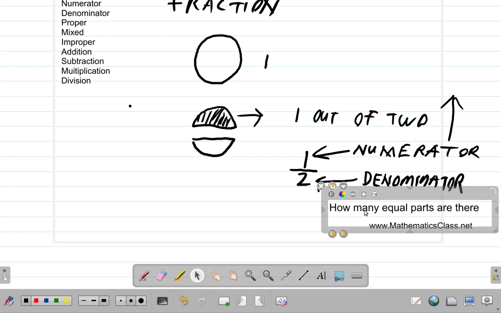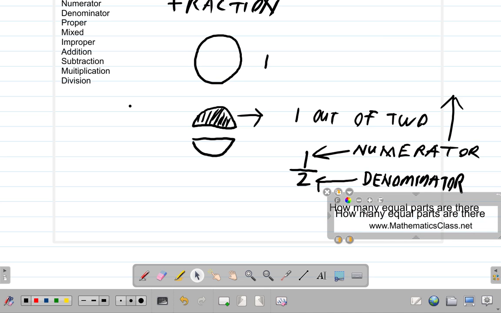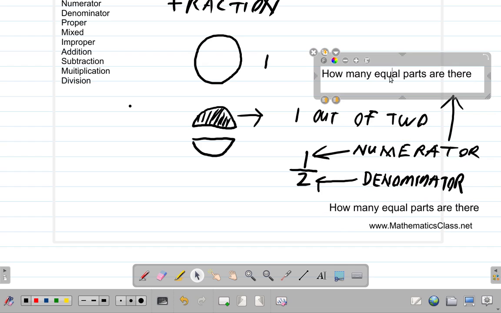Not just the number of equal parts, but this is telling us how many of those equal parts we're going to eat, or we're going to count, or we're going to use in some way.